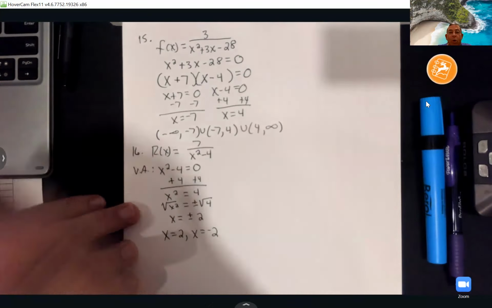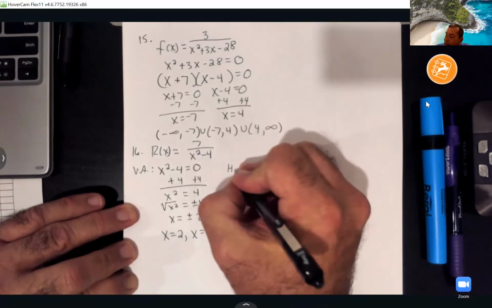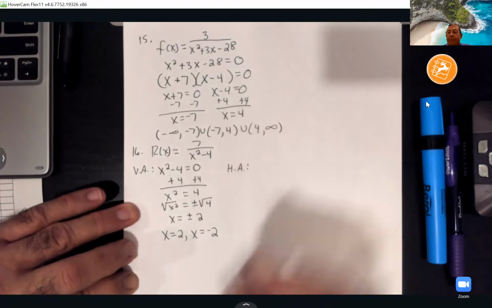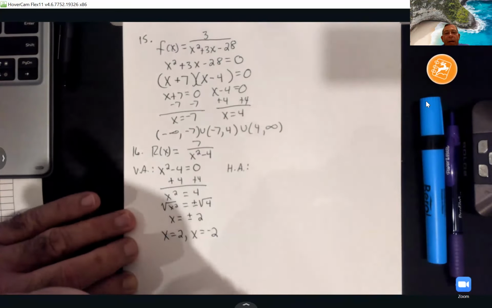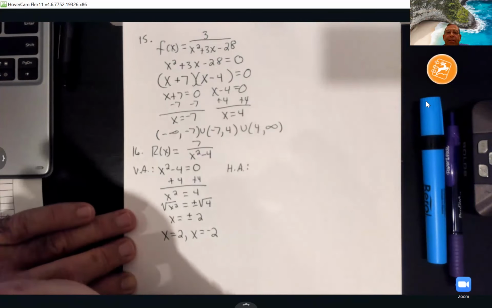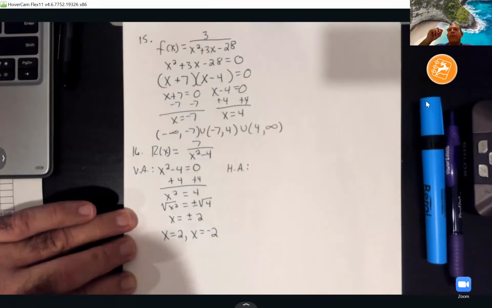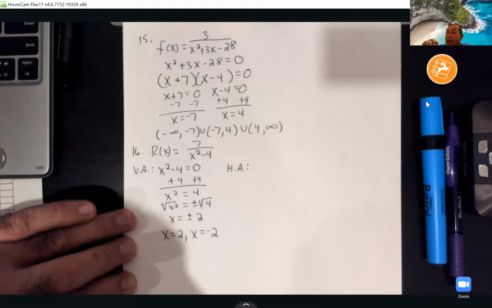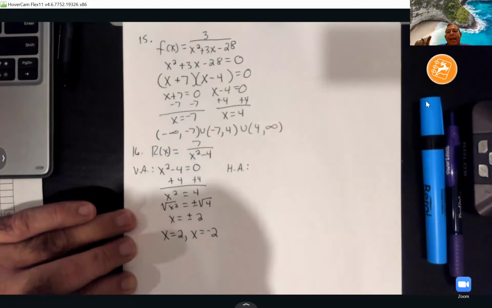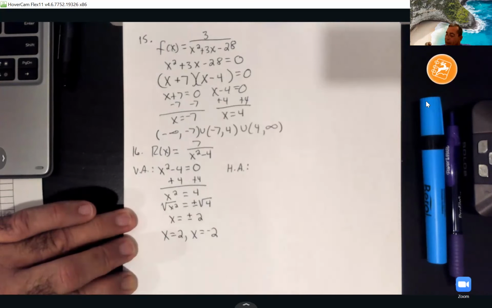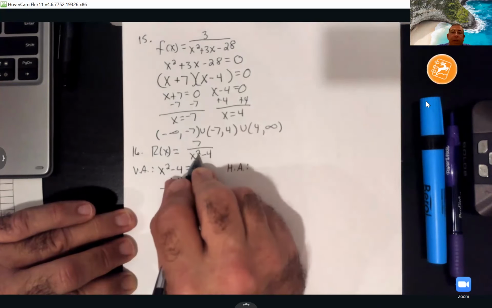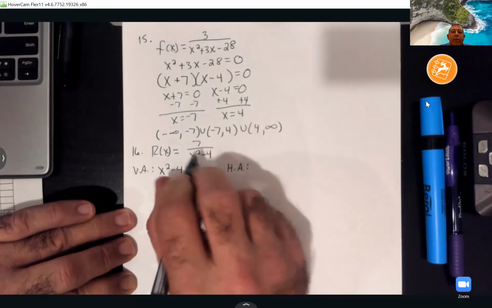Now, there's no oblique, but there is a horizontal asymptote. The horizontal asymptotes, I gave you 3 cases. The bottom had a higher degree than the top. The top had a higher degree than the bottom, or they had equal degrees. Well, y'all, look at here. The degree of my bottom is a 2.